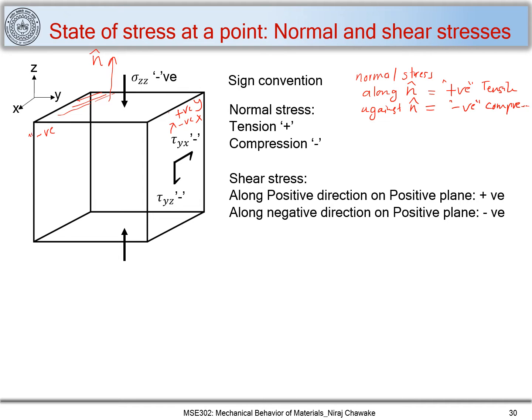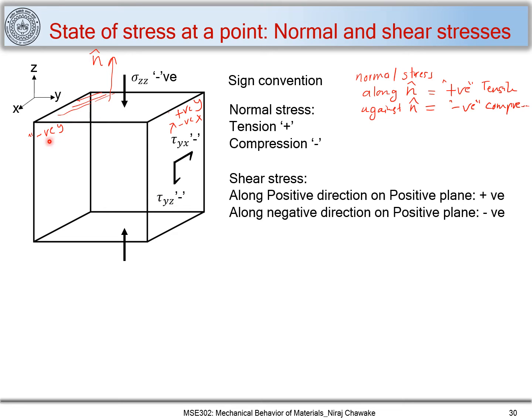If the shear stress acts on a positive plane but in the negative direction, it is negative. So these two stresses are acting along a negative direction, but they are on a positive plane, so they will be negative.